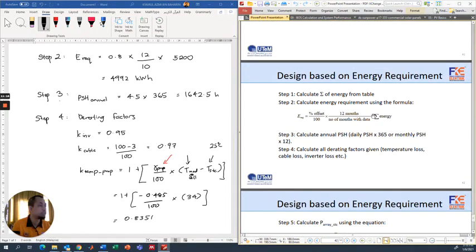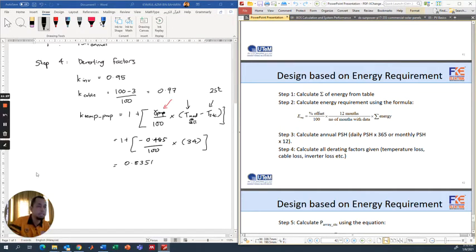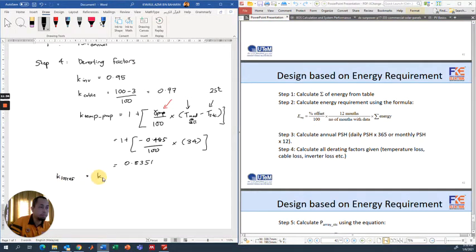Okay, so we've calculated the derating factors based on the question. In this question, there are no other derating factors provided, so we only need to calculate these three. So the total losses, K losses, equals K inverter multiplied by K cable and multiplied by K temperature.